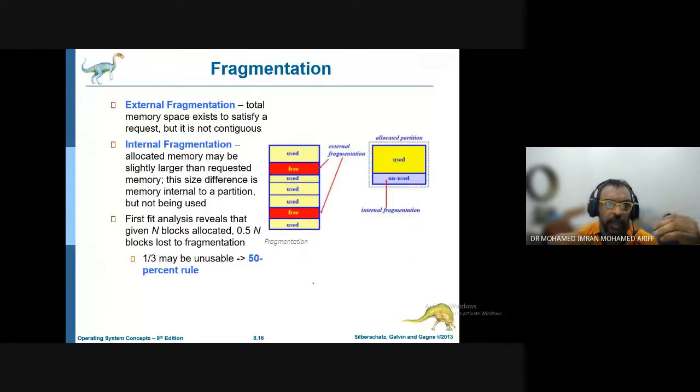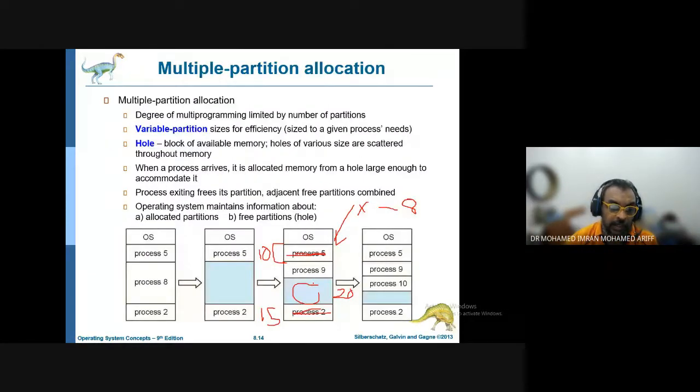When you use these techniques, first fit and best fit, there are also empty spaces which are not being utilized. These empty spaces are known as fragmentation. In a situation like this, let's say this is 10, this is 15 and this is 20. So 10 plus 15 is 25, 25 plus 20 is 45.